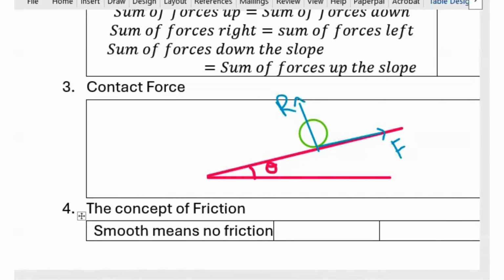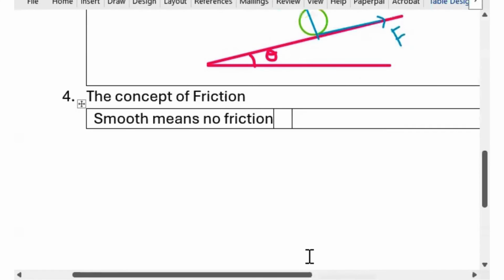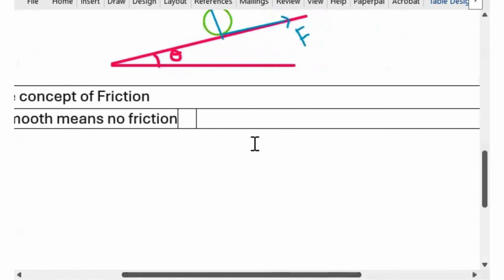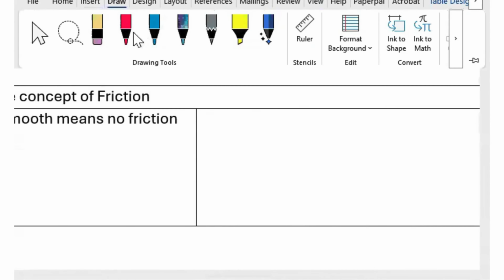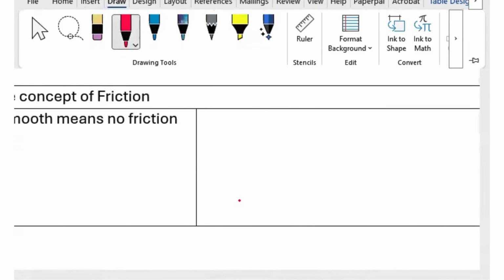For example, if I have this chair on the surface, and I'm trying to push the chair, and the chair does not move, I'll show it to you here on a figure so that you are able to understand. First of all, if there is friction, the word that will be used is rough.